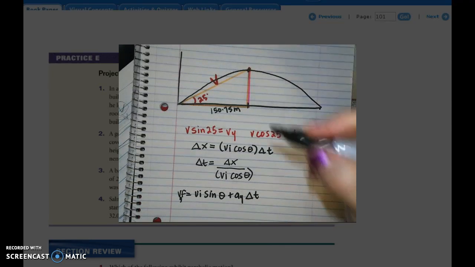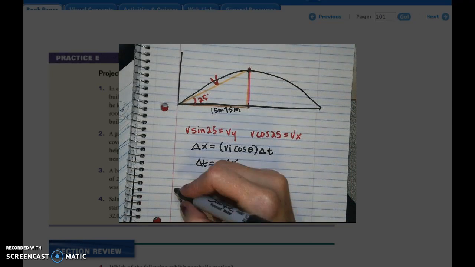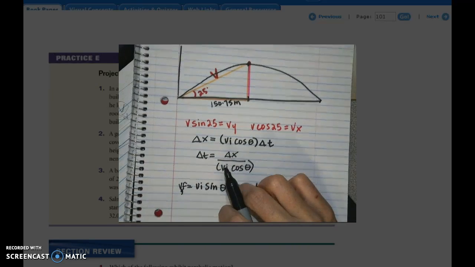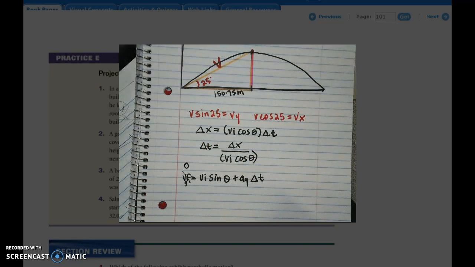So remember, since we're looking at this point right here, we can say that v sub y final at that point is 0. So using this now, we're going to solve for delta t.